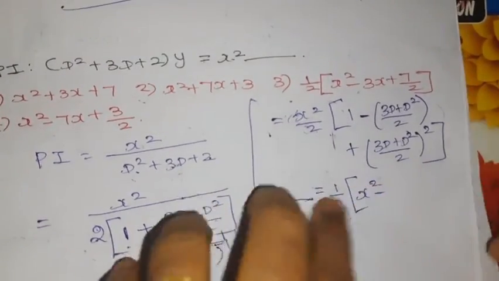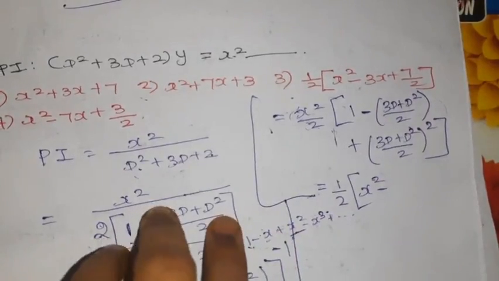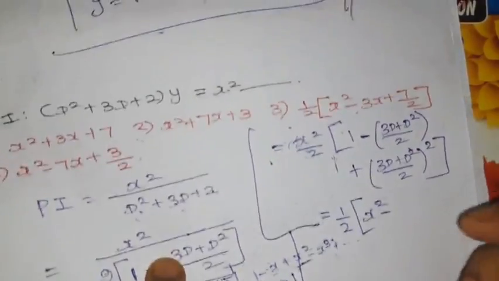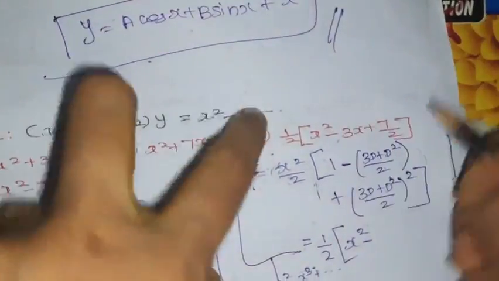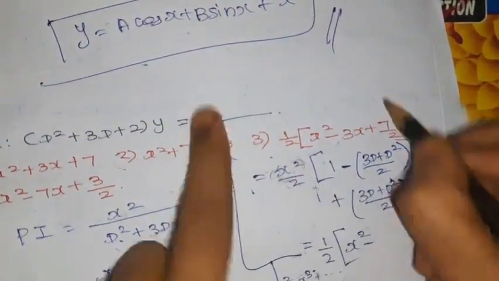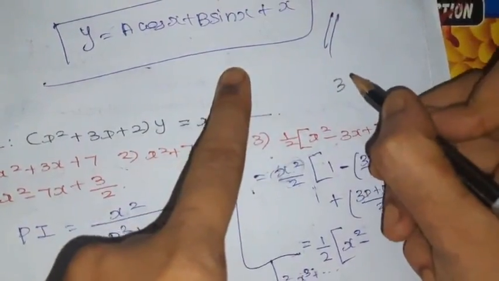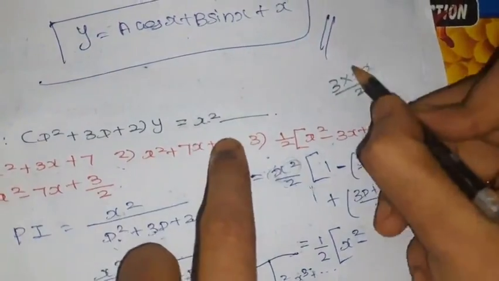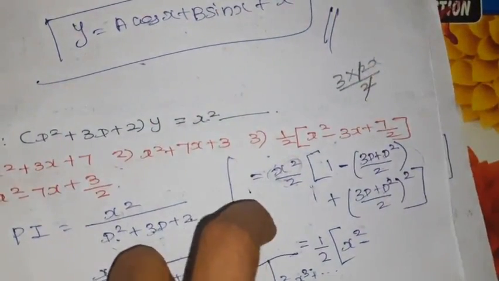Okay, here I am writing, to avoid confusion. 3D by 2 into x squared. So 3 differentiation of x squared, we will get 2x divided by 2. So what we will get? 3x. Okay, here 3x now.